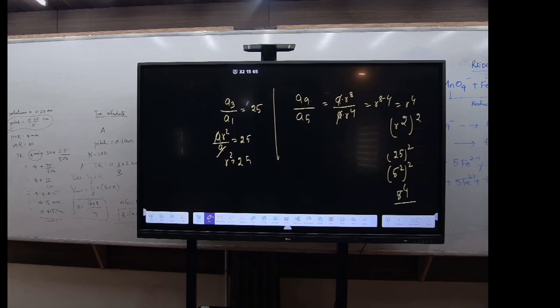Second one, answer is correct. What is given is the 6th.